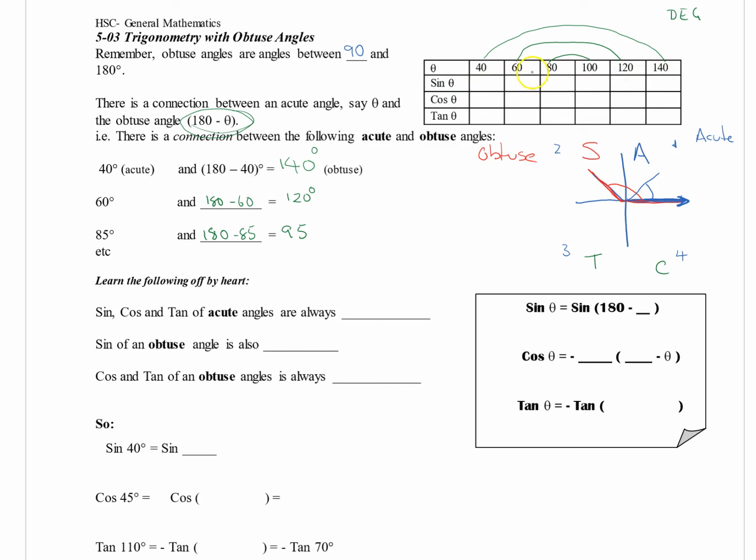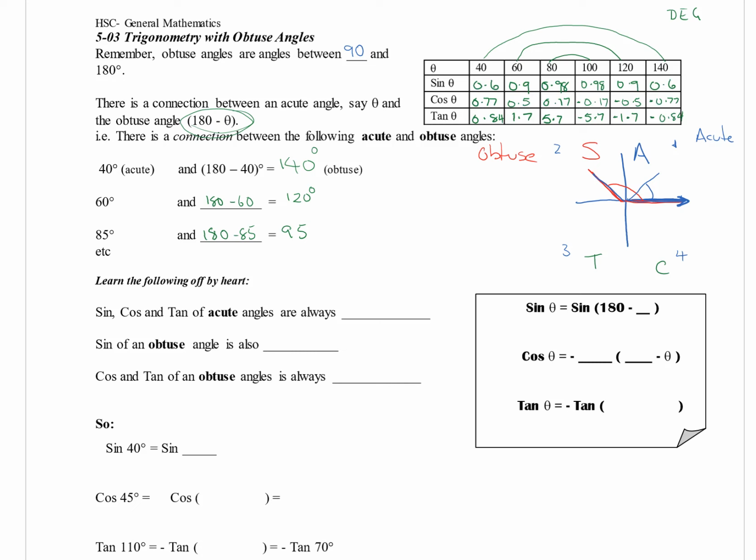You can do them in pairs if you like. Then sine of 60, sine of 120, sine 80, sine 100. I'll pause the video and do likewise, and then we can come back and compare tables.